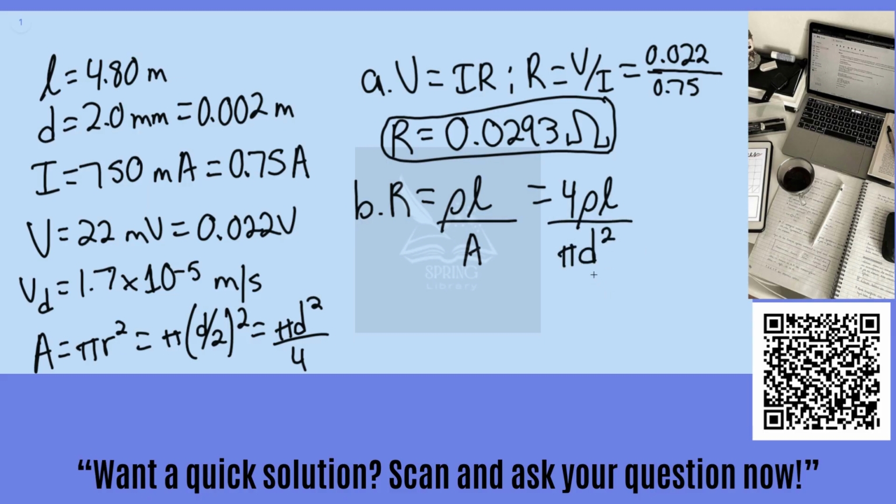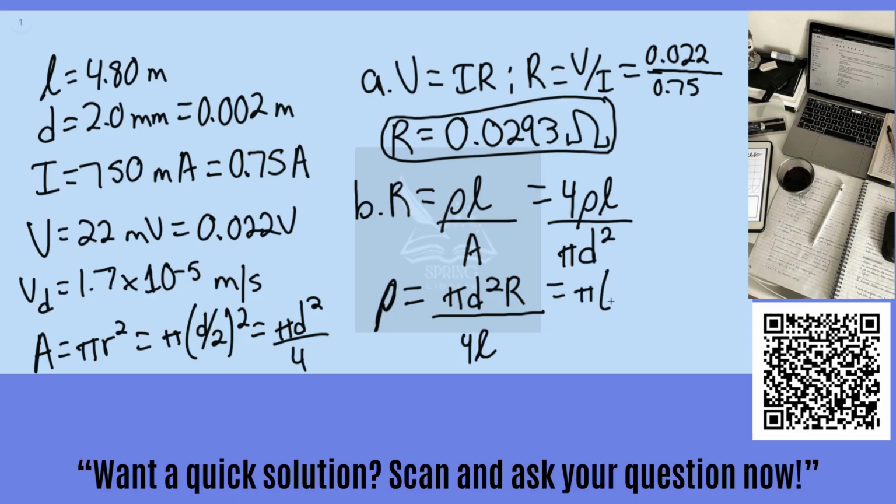And we're solving for rho, the resistivity, which equals pi d squared R divided by 4L.